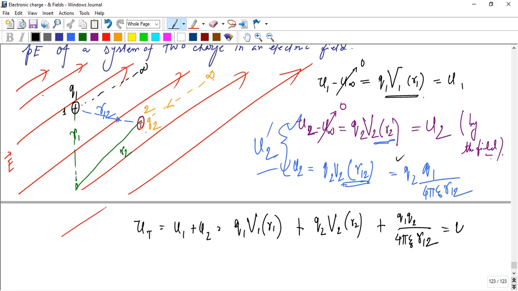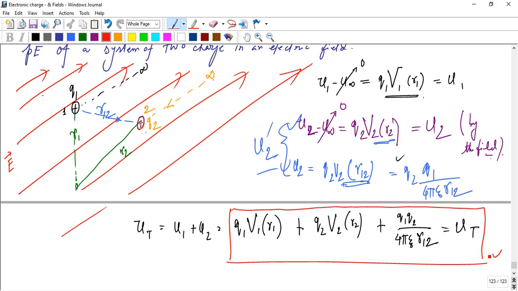That's the total U. Box that. It's a very important expression, the total potential energy. The first two terms are work done against the external field, and the last term is due to the field created by Q1. V1 and V2 are created by the external field.